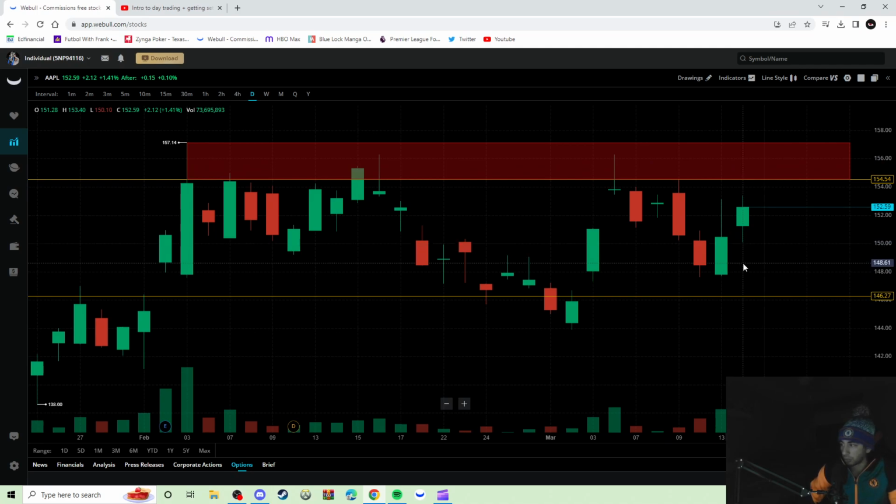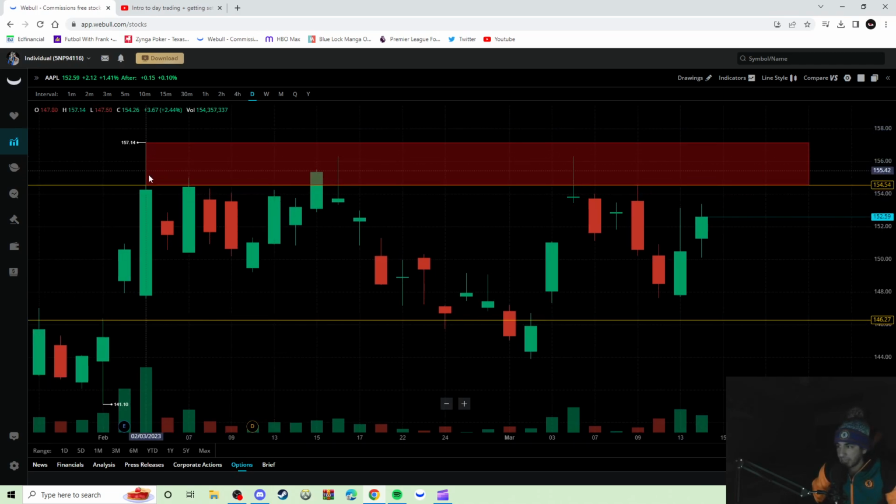If you are long on a stock, you would expect and want the price to go up. Long, up, short, down. So I can see in this area, if price ever gets in this area, I would use that as a safe bet that the price will probably go down.